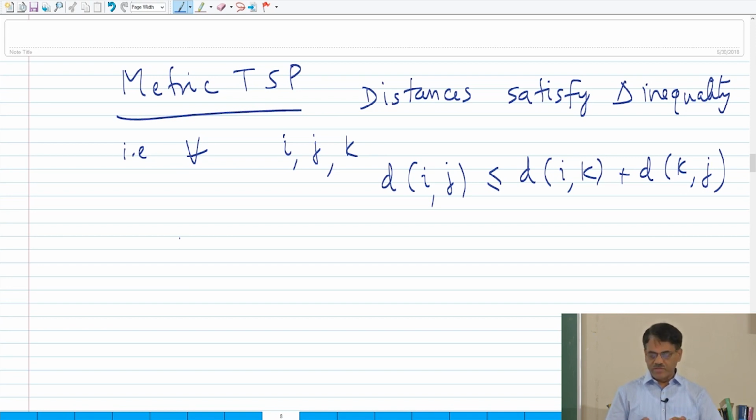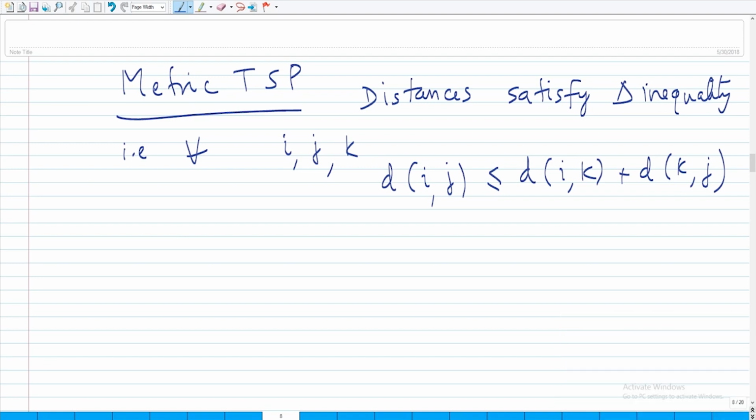That means, can you come up with distances that satisfy triangle inequality, and still reduce from some known NP hard problem? Actually, the distances we came up with satisfy triangle inequality.